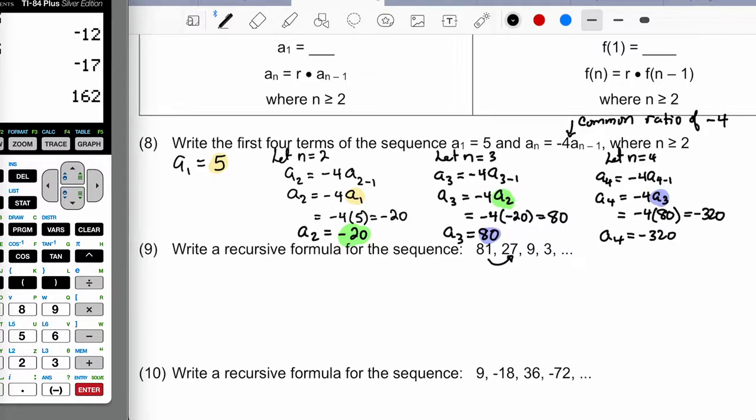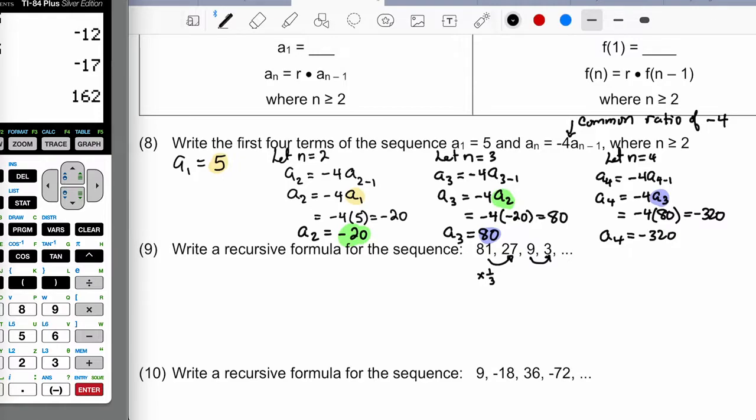So the R value here, now it may not be obvious at 81 and 27. It may be more obvious if you look down the line, you see 9 and 3. You'd say, what do I got to do to get from a 9 to a 3? Well, I would divide by 3. But we're multiplying. So I wouldn't say divide by 3, I would say multiply by 1/3. So you can write the fraction off on the side if you want, or you could just kind of reason it out.